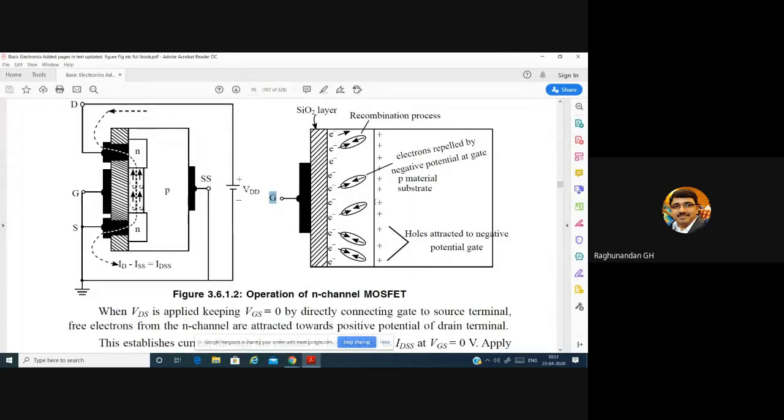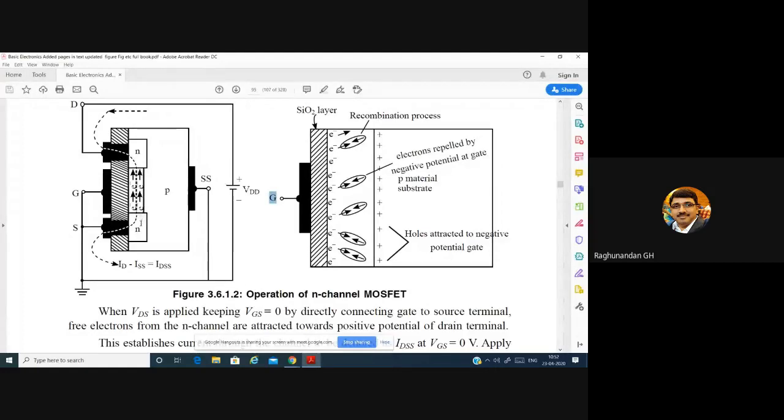The electrons which were moving here get deflected to the p substrate. When they get deflected to the p substrate, the flow of charges from source to drain decreases. So this is how we can control the flow of charges.